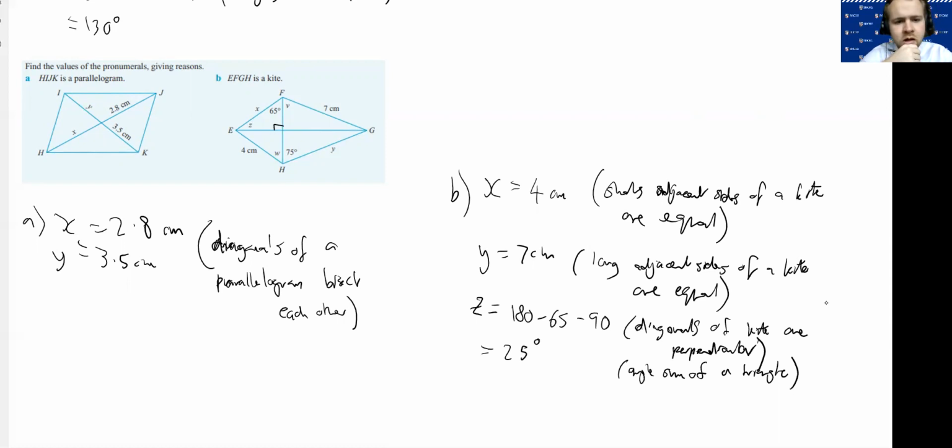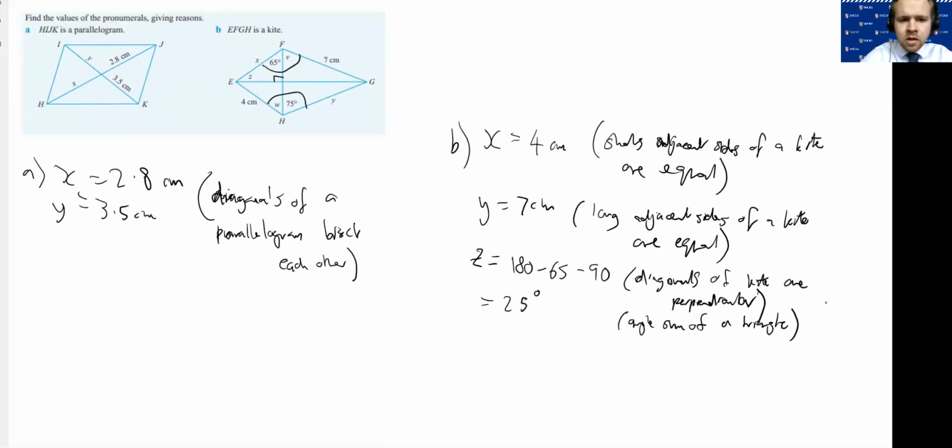Okay, now I've got to think about these two angles here, and I know that opposite angles, okay, of a kite on the short diagonal are equal. So I know that V plus 65 equals W plus 75.